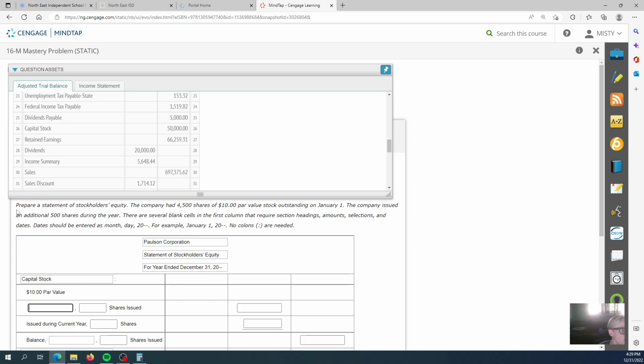All right. If we look right here, it says prepare a statement of stockholders' equity. The company had 4,500 shares of $10 par value stock outstanding on January 1st. The company issued an additional 500 shares during the year. There are several blank cells in the first column that require section headings, amounts, selections, dates.